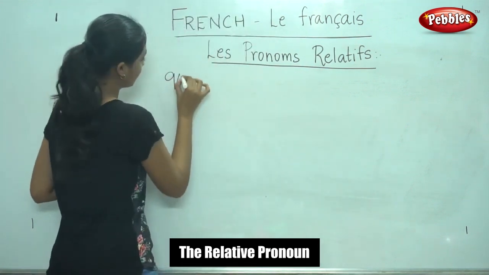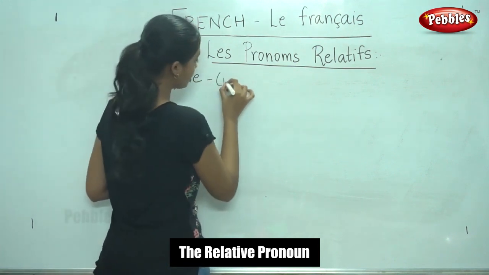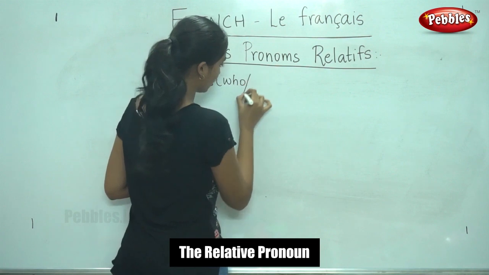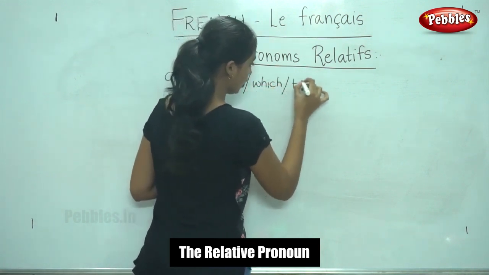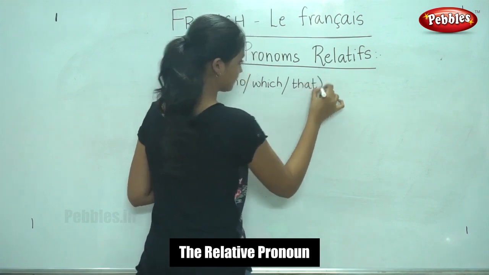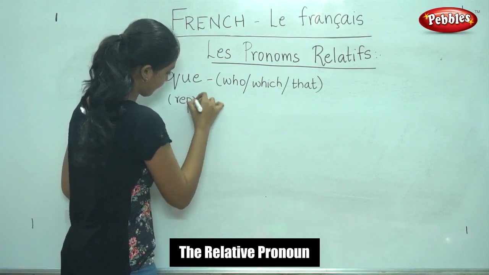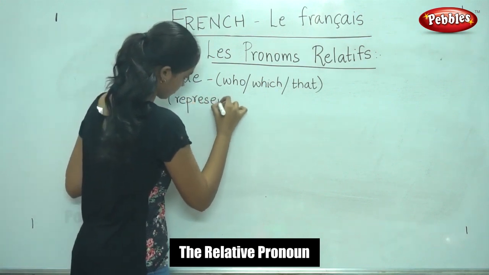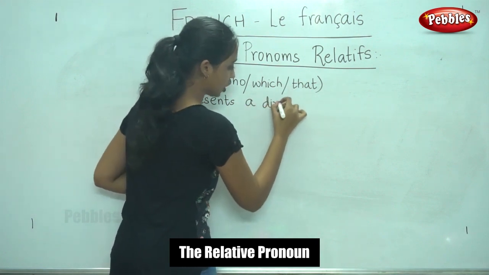The next pronoun we are going to learn is que. Que also means the same. It means who, or which, or that. The word que represents a direct object complement.